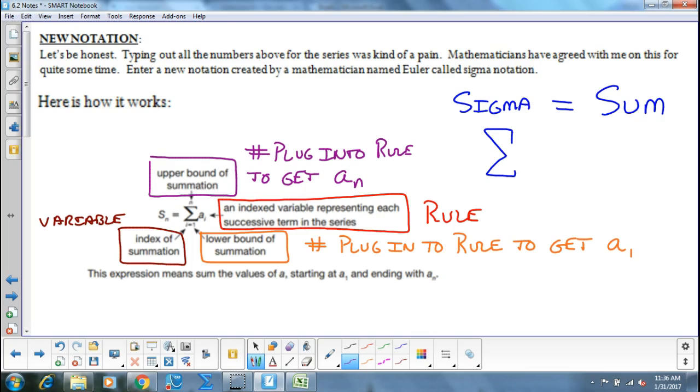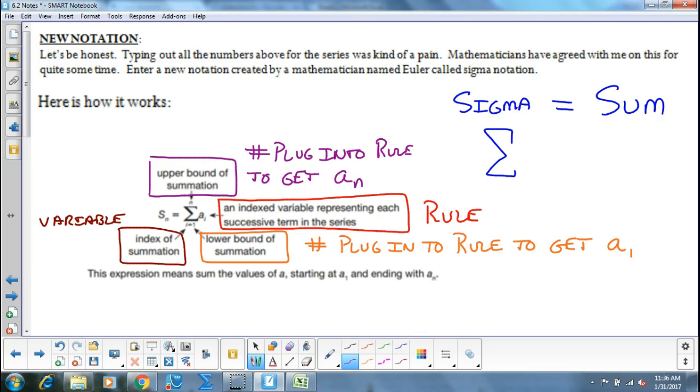Going back to Gauss, do we have a way to find the first term? Yeah, take this bottom number, plug it in, that gives us our first term. Do we have a way to find the last term? Yeah, top number, plug it in, gives you your last term.